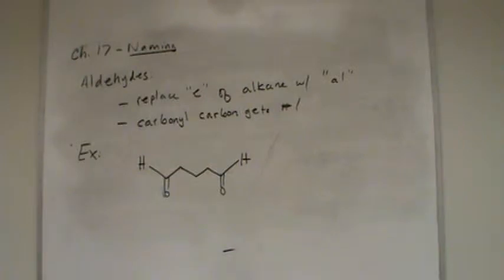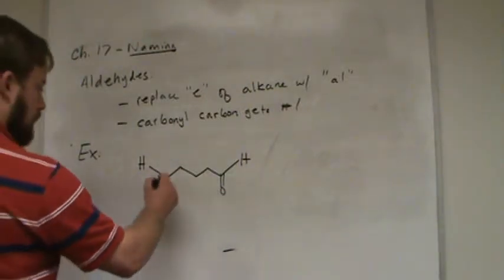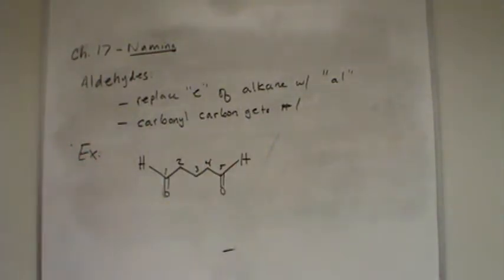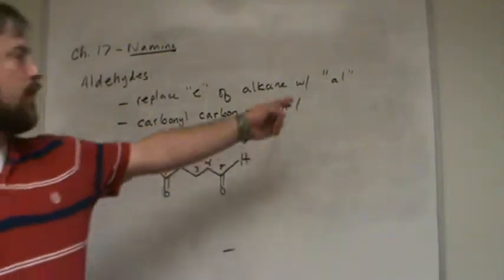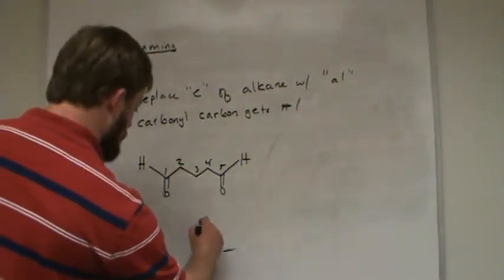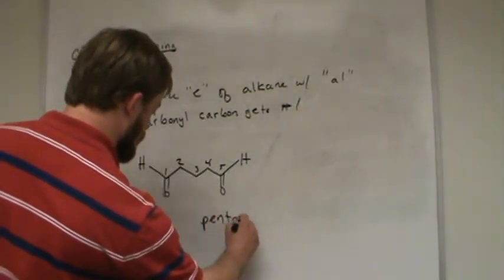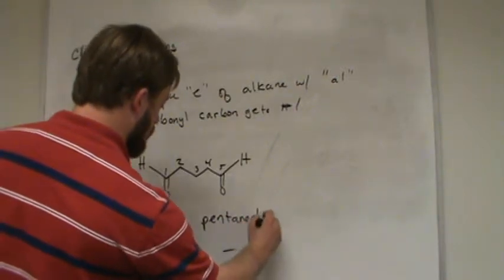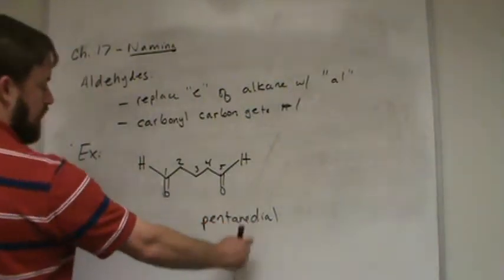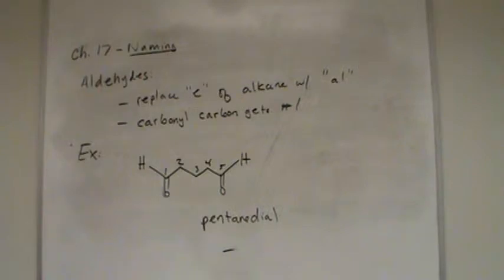So there's 2 aldehydes on this compound. We can number either way: 1, 2, 3, 4, 5. So instead of al, it's going to be dial, and there's 5. So we can go ahead and keep the E, pentanedial. The reason why we can keep the E is because there's a D there instead of a vowel, so we don't have to drop it.